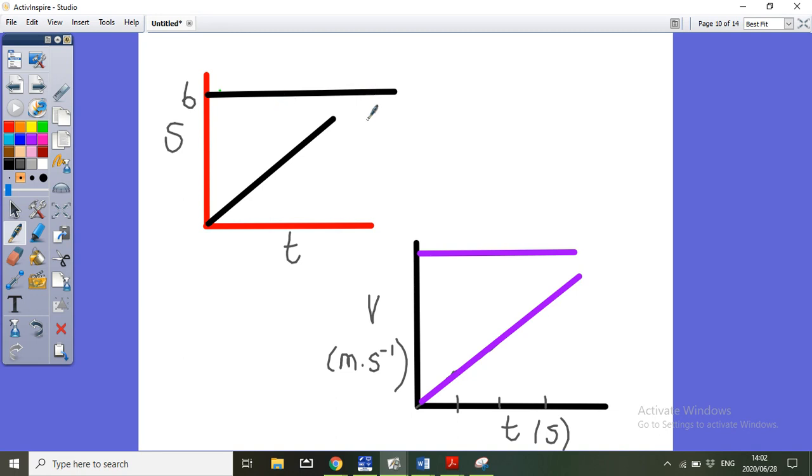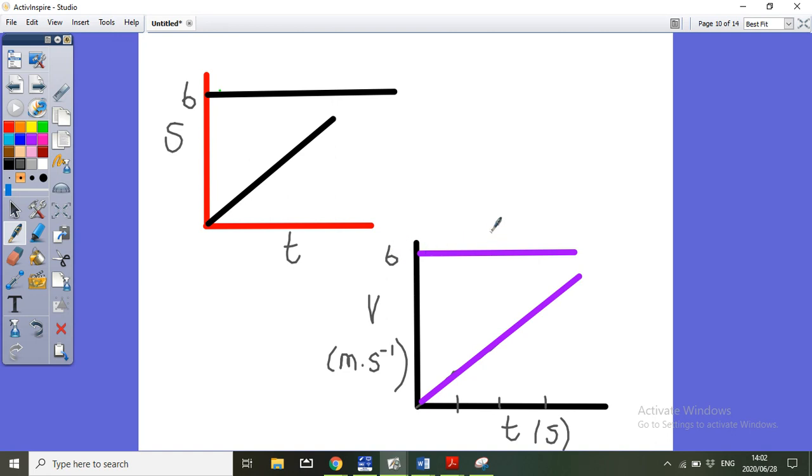And at 20 seconds later, it's at 6 meters. So it's not moving. But for this object, if it's going at 6 meters per second, it is moving. It is just moving at a constant velocity. So it's not increasing its speed or decreasing its speed. But please don't say that it's standing still because it's not. It's moving at 6 meters per second.